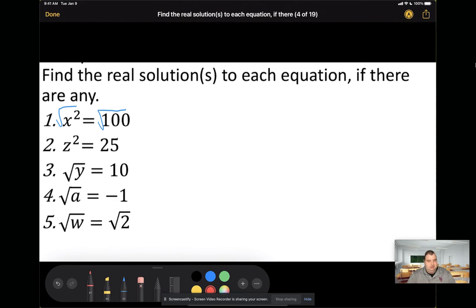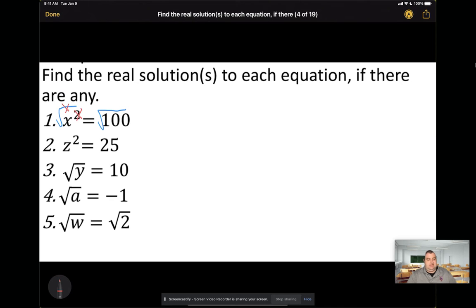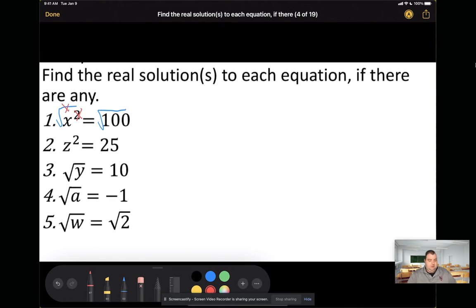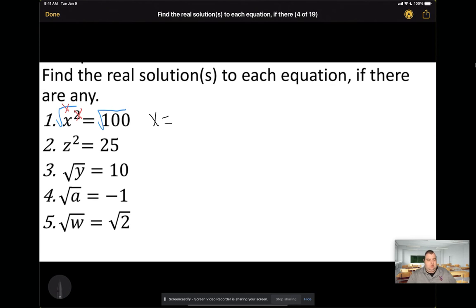So essentially, the square root will cancel out the squared. That will give me x equals, the square root of 100, which is positive and negative 10. Remember, when I solve an equation by square rooting, I have to do plus and minus because 10 squared equals 100 and negative 10 squared also equals 100.